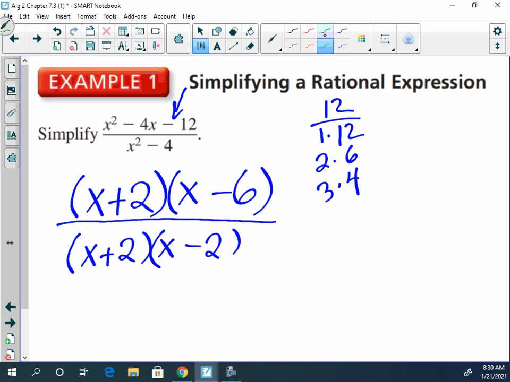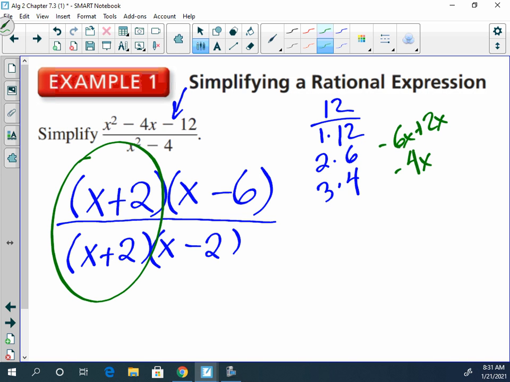And now we can still check it, because x times negative 6 would be negative 6x. 2 times x would be plus 2x, and that would give us negative 4x. So that's what we wanted, yes? Okay.